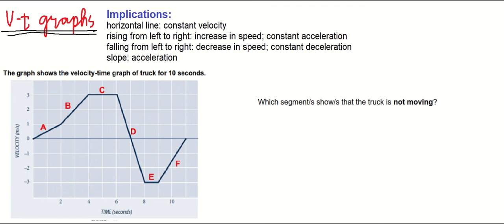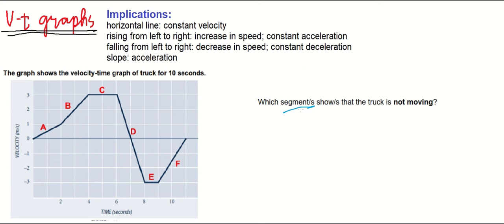Next, we have which segment or segments show that the truck is not moving. Pag not moving sa velocity time graph, dapat nasa zero siya. As in zero velocity, right? When an object is at rest or not moving, we are looking for this type of motion, zero velocity. Tingnan natin kung merong parts ng graph na segment yung hinahanap sa atin.